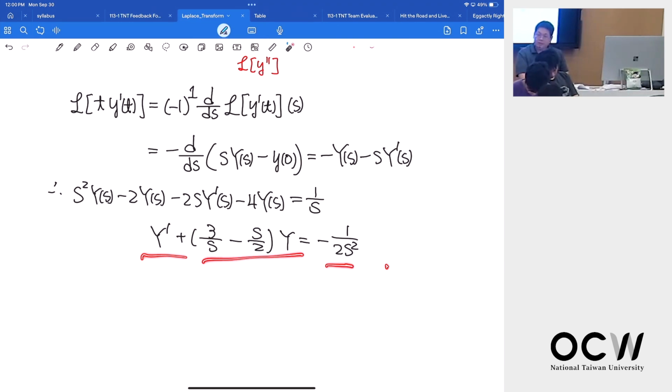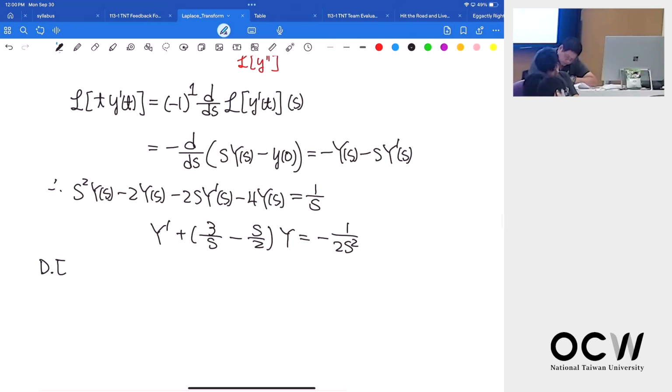Apparently here you can see that the differential equation is, what? This is linear.